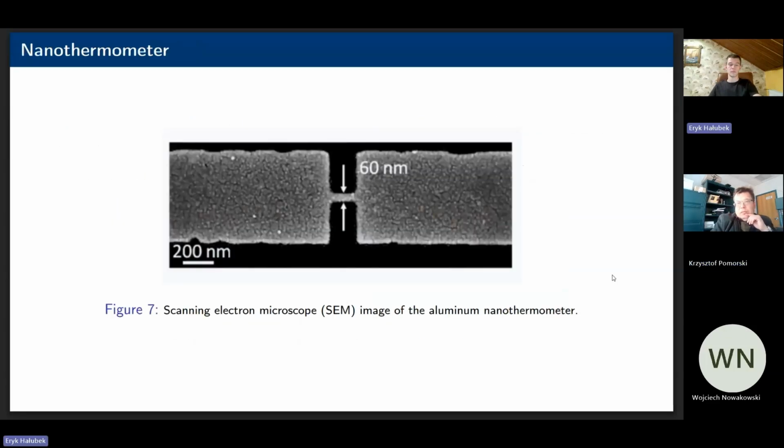Okay. So our nanothermometer is a constriction in the superconductor. In this case, this is an aluminum sample, and this image is taken under a scanning electron microscope, where we can see that the constriction is 60 nanometers. It's usually in the range of about 60 to 70 nanometers.